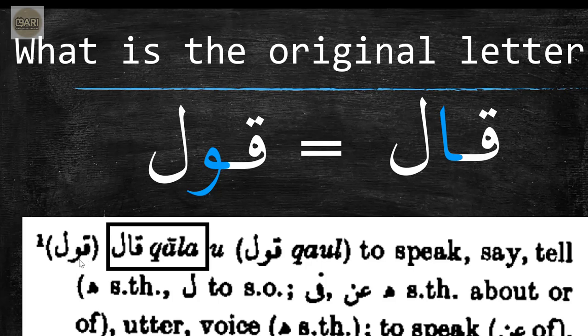Qaf, wow, lam is the root. When you get there, you'll see qaf, wow, lam in parentheses, and you'll see the aleph after that. Okay, so this is letting you know these are the original letters, but you're going to see that as a verb with an aleph in the middle. Okay, so this qala here means to speak. What do you mean this qala? Because you're going to see that qala also can have another meaning.